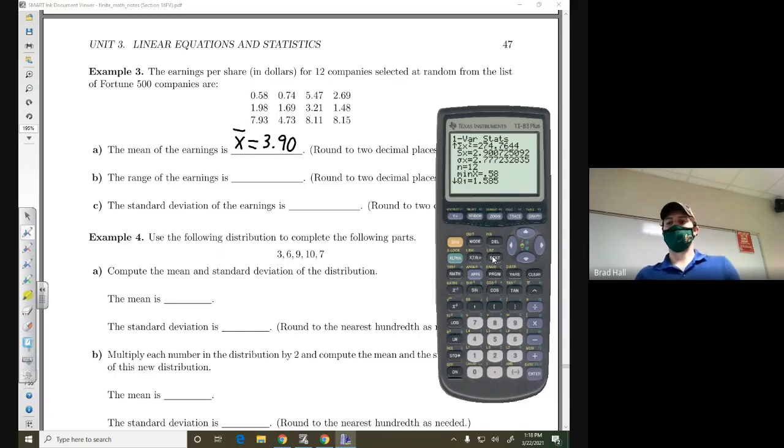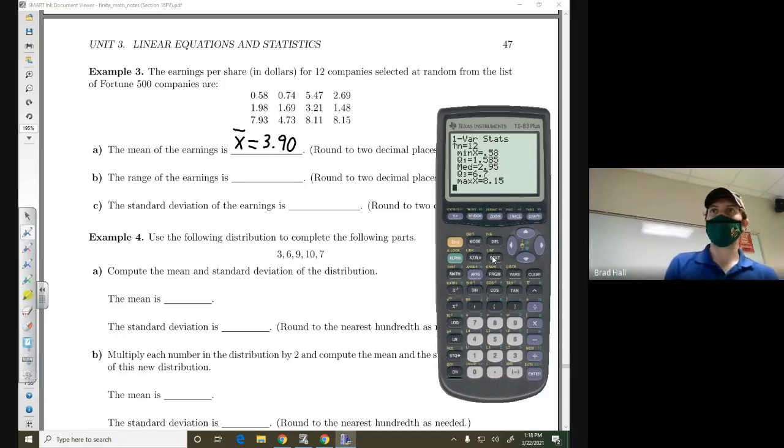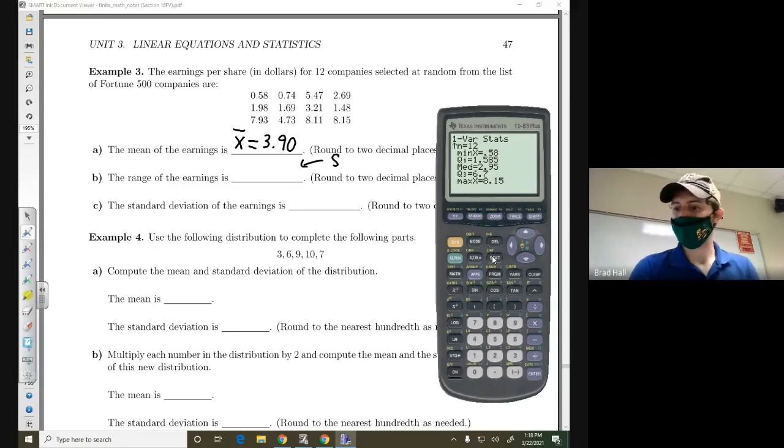But now they want the range. I'm looking on here, I don't see the range. Well, what did we do? Did we do something wrong? Not really. The range is easy to find. They already tell us the max and the min in the calculator. So the max is 8.15 minus the minimum, which is 0.58.